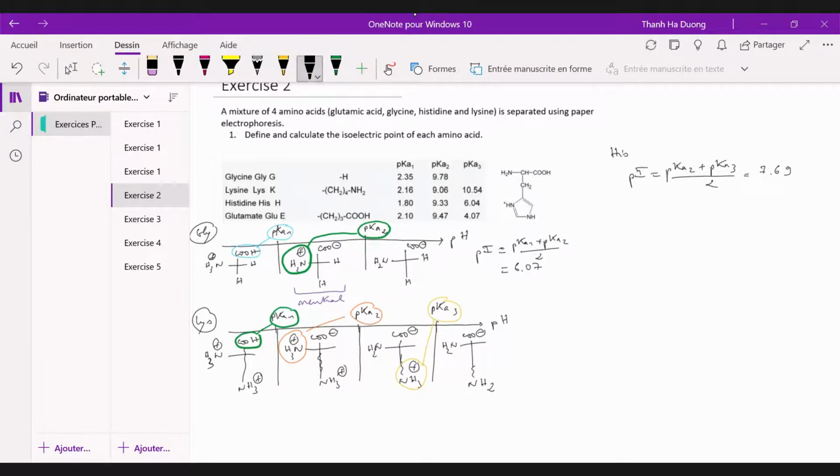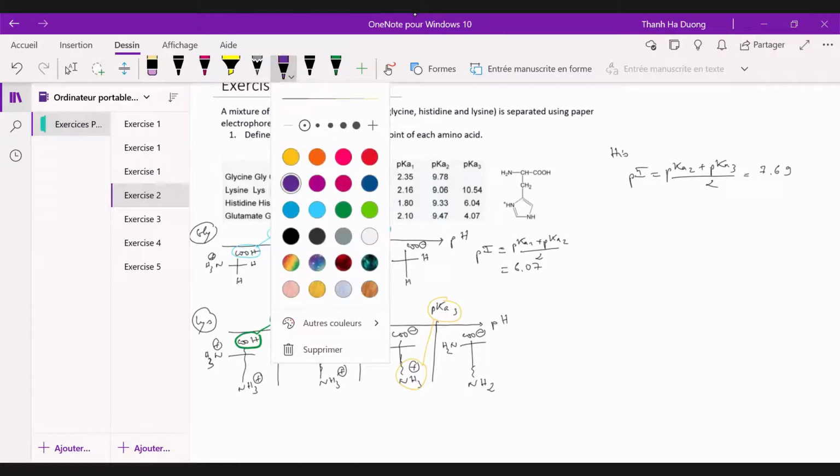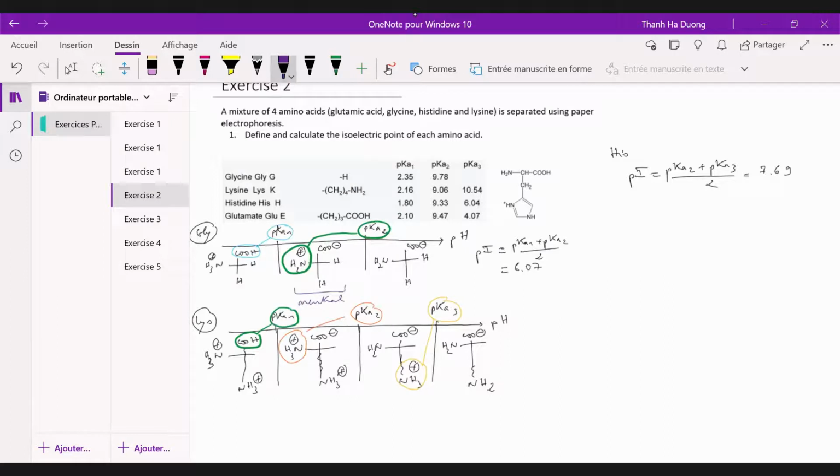So the neutral form is this here. So for lysine, the pI will be the average of pKa2 plus pKa3, the average between these two pKa. So it will be 9.8.